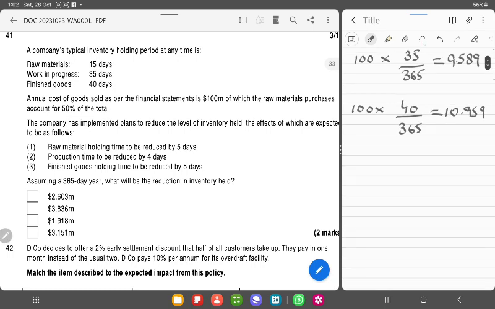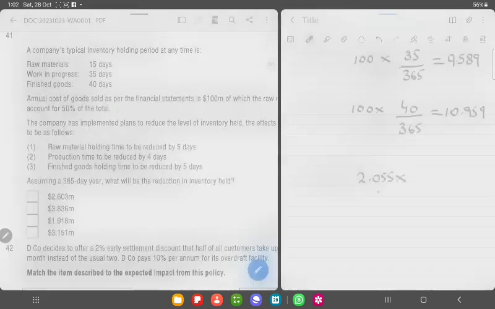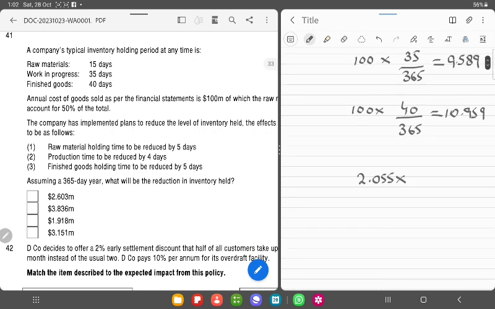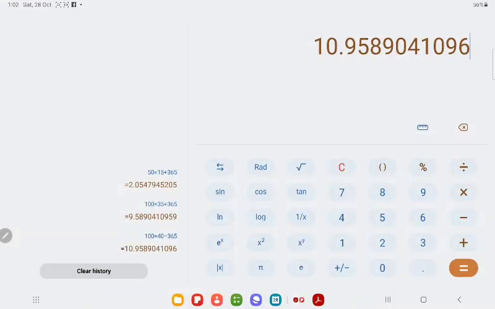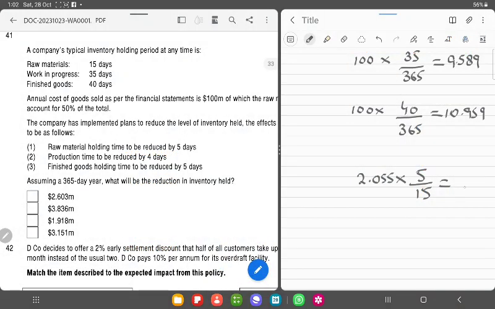So we can calculate this as 2.055 multiplied by 5 divided by 15, and this will give us a value of 0.685. So this is the value of raw material inventory reduction.